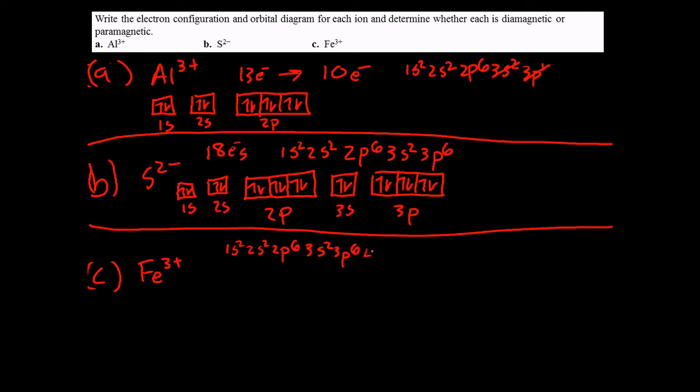Not 3d, 4s2. And then 3d, if I see how many I have so far, I have 10, 20. Iron in its unionized state has 26, so I'm going to go ahead and put all of those 6 here. So this is the unionized iron.